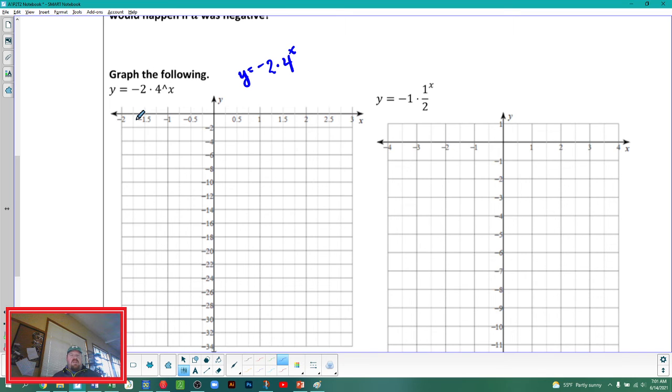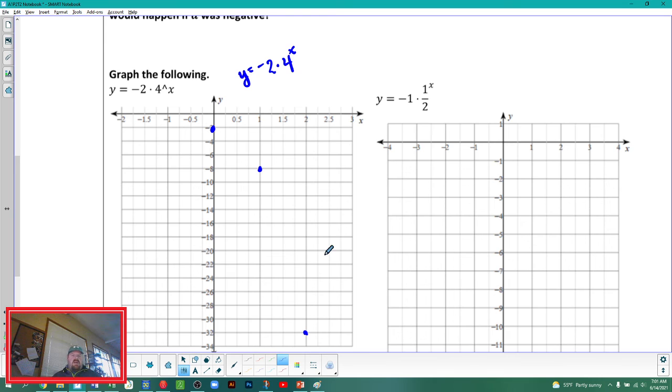And we kind of talked about that already. But if I think about 4 to the x, at 0 it's going to be 1. And then I'm going to multiply that by -2. 1 times -2 is -2. 4 to the first power is 4 times -2 is -8. So at 1 it's -8. 4 to the second power is 16. 16 times -2 is -32. So at that point, we're all the way down there on our graph.